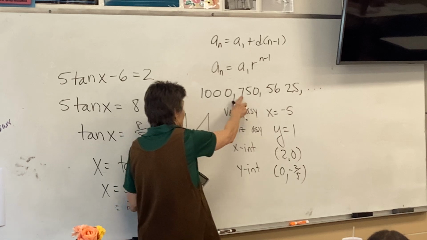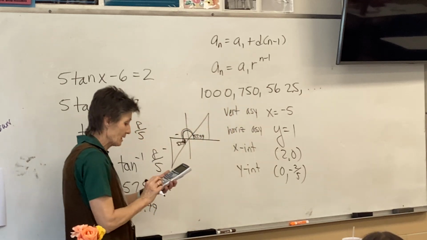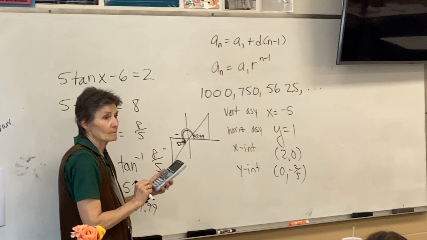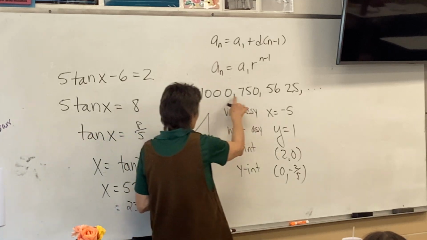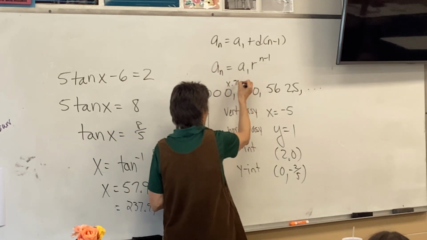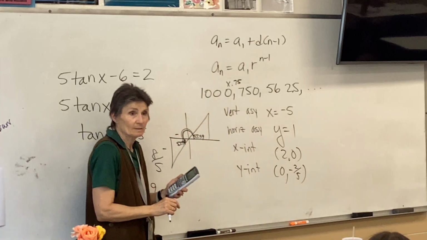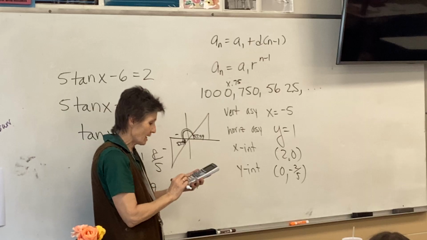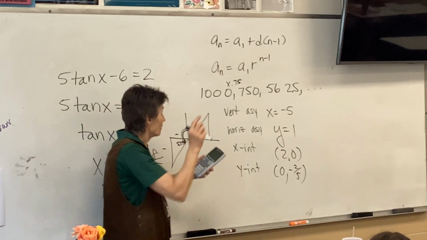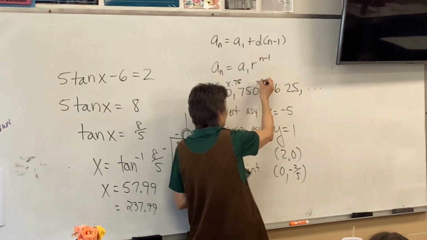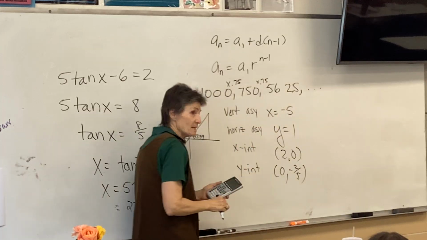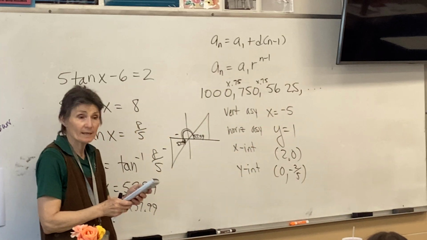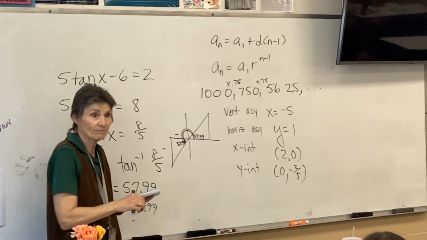Well, take 750 and divide it by 1,000. So to get from here to here, it looks like I multiply by 0.75. Now what happens if I take 750 times 0.75? I get that. So this is indeed geometric, and the ratio is 0.75.